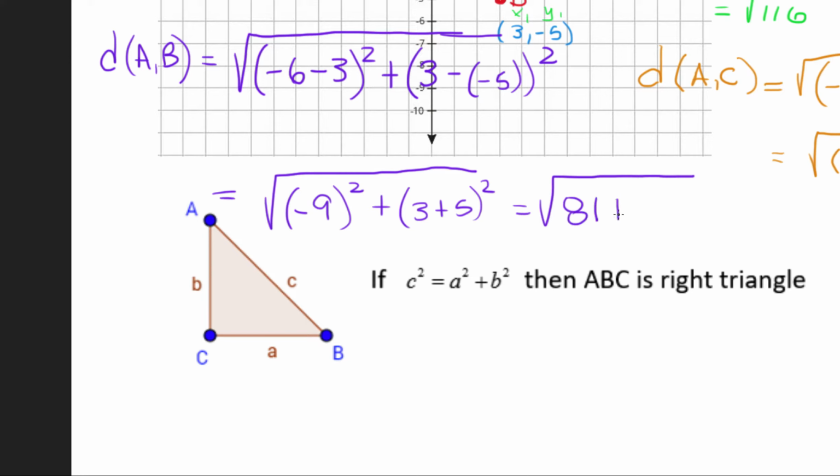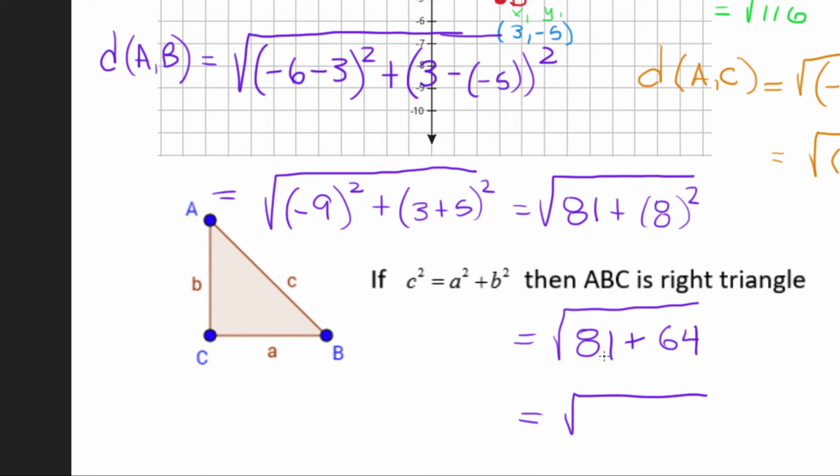And 3 plus 5 is 8 squared. What is that equal to? So 81 plus, what's 8 squared? It's not 16. 8 times 8 is 64. Now, 1 plus 4 is 5. 8 plus 6 is 14, so 145. And that's the distance of A to B, or the hypotenuse C.